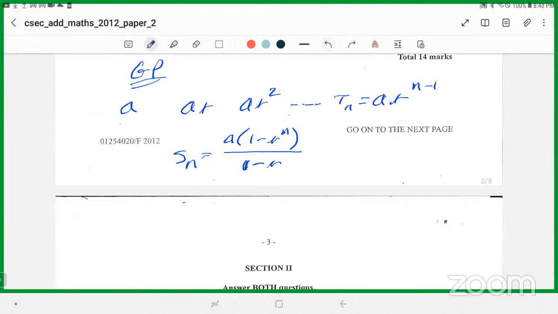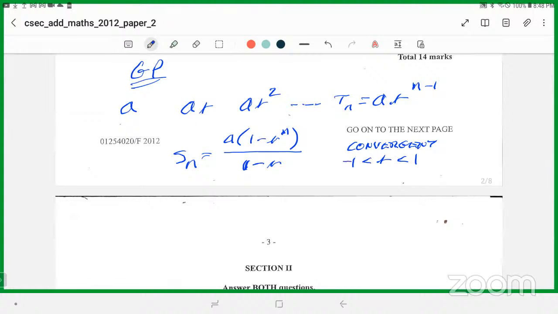Now there's a special thing that we said about a GP. A GP can be convergent. When it is convergent, the common ratio is a fraction. It is less than 1, but greater than -1.